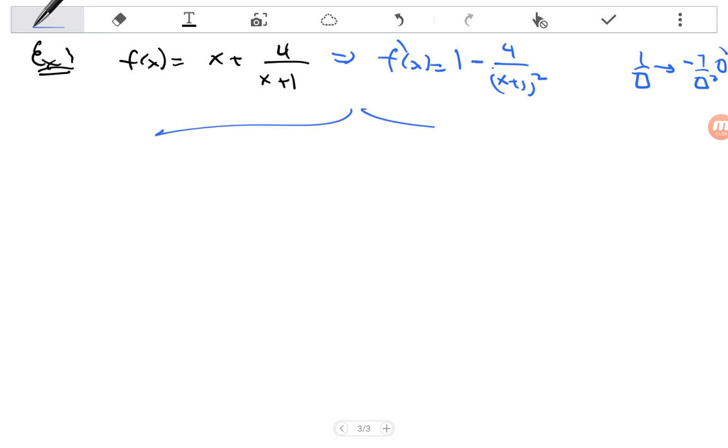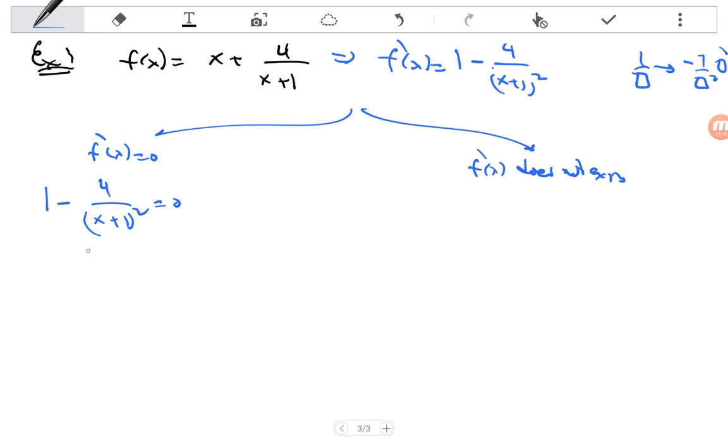Now I will study these two cases: first, the case when f dash is equal to 0, and second, the case when f dash does not exist. In the first case, f dash is equal to 0, I will just say that 1 minus 4 over x plus 1 all squared equals 0.